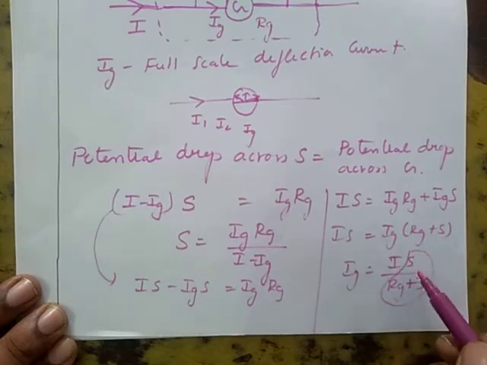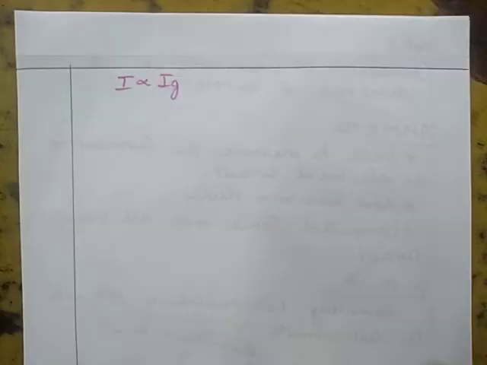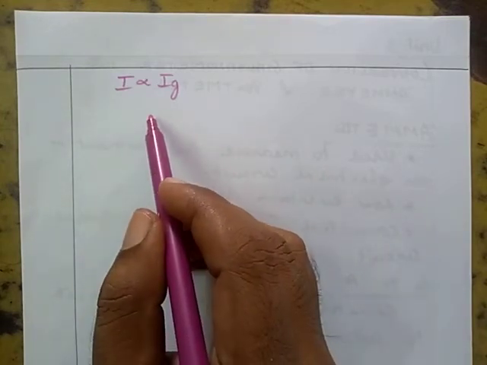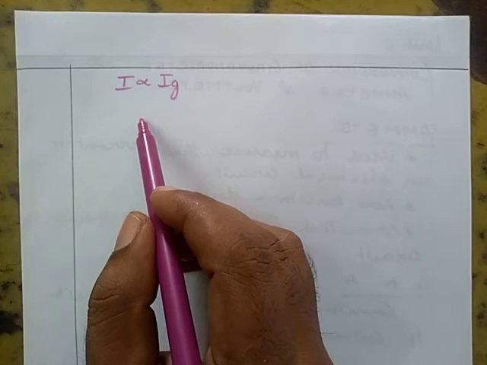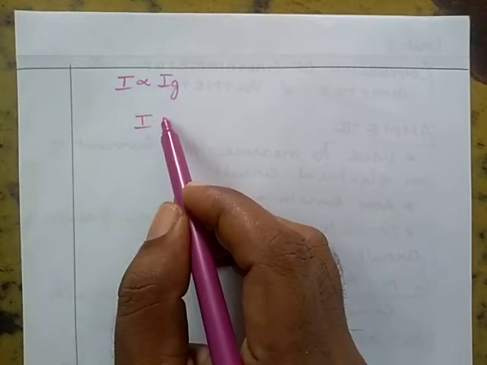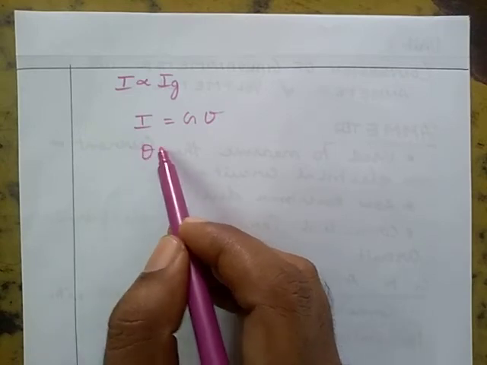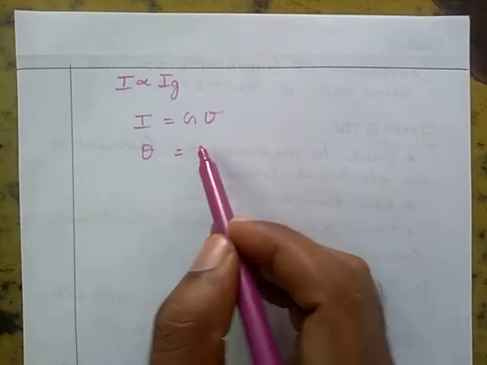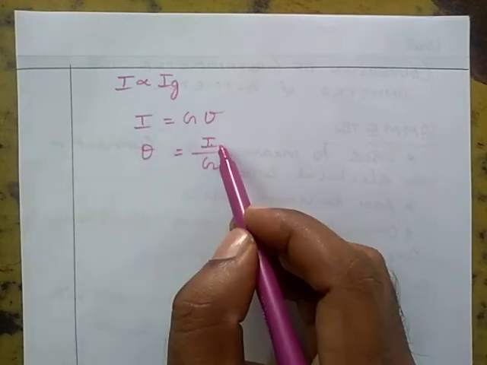Here we know S by Rg plus S is constant, so we can write Ig is proportional to I. We know the deflection in the galvanometer is proportional to the current passing through it, so I is equal to G theta. We can write theta is equal to I by G. Here I is nothing but Ig.